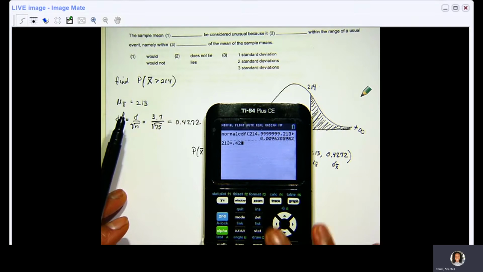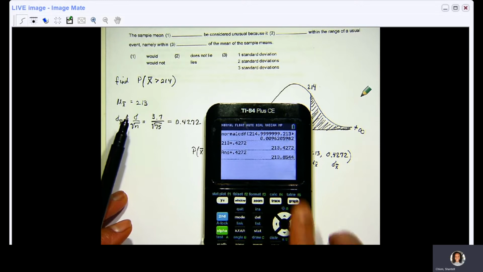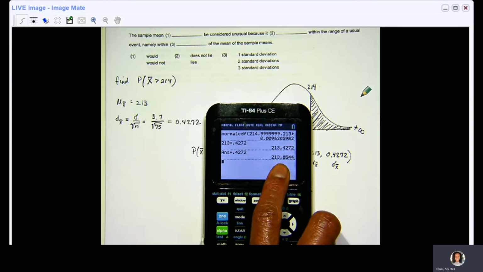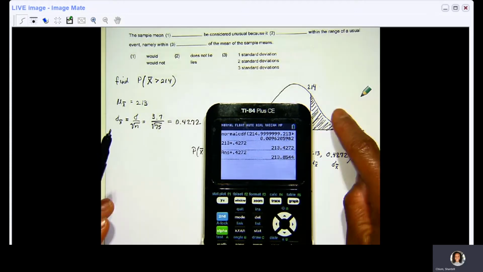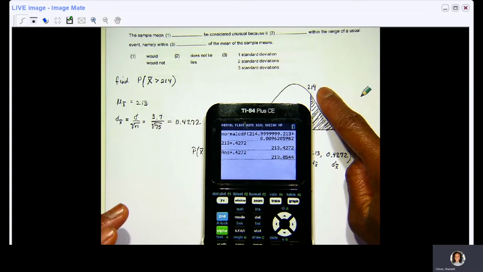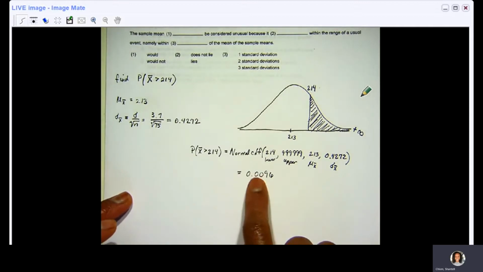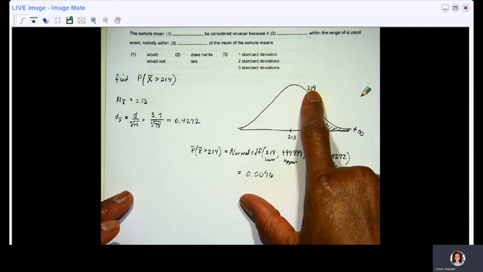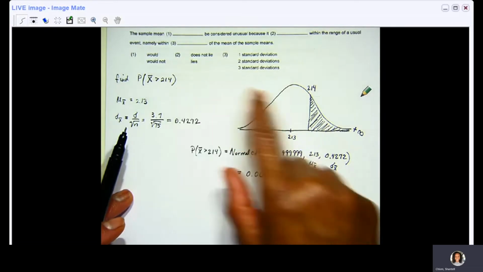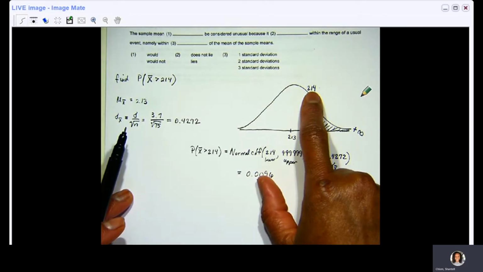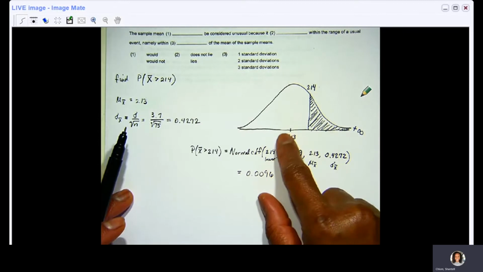So let's do that. 213 plus 0.4272, and let's say plus 0.4272 again. I still get less than 214. I'm at 213.85. So what that tells me is 214 is greater than 2 deviations from the mean. It's beyond 2 deviations from the mean. So that means it is unusual. The probability value showed that, as well as looking at how far this value is from the mean.